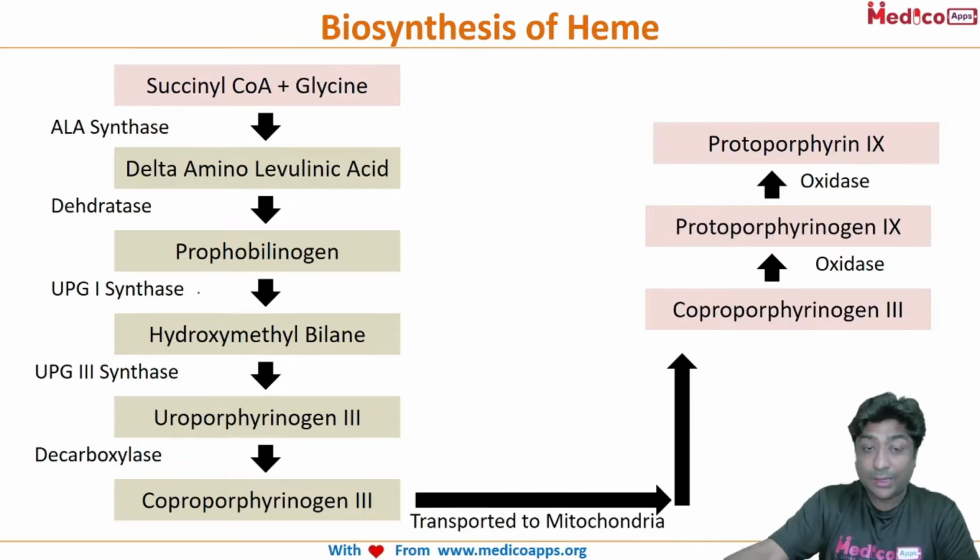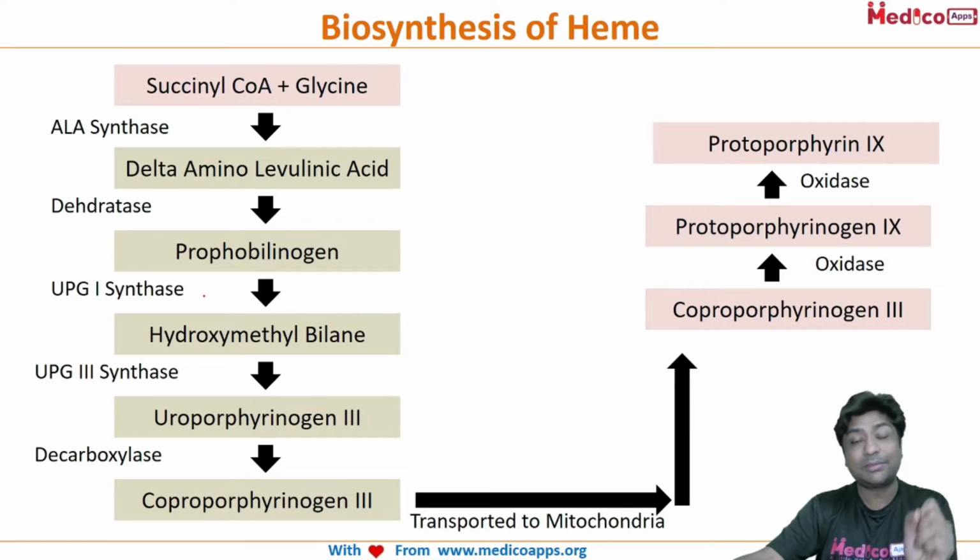Now I told you at the start of the biosynthesis of heme that it starts in mitochondria and ends in mitochondria. Very, very important. The first step takes place in mitochondria.